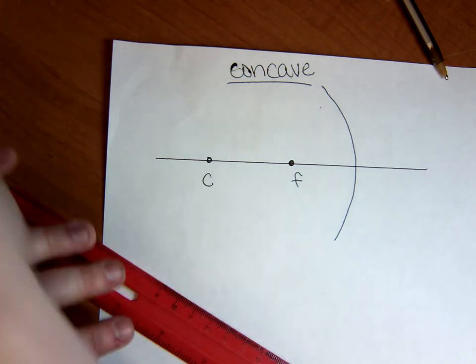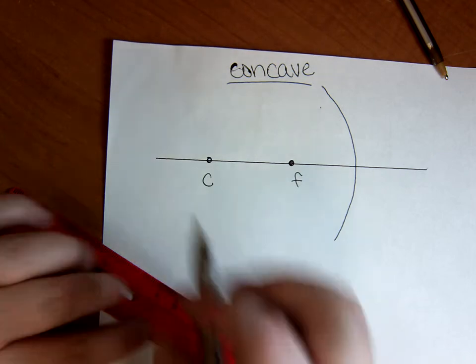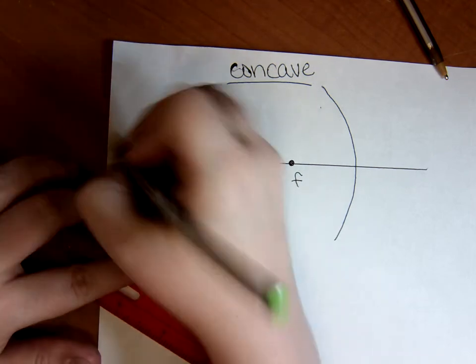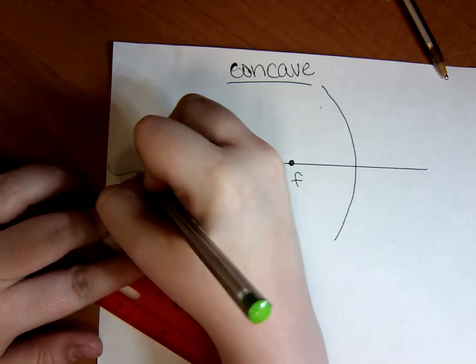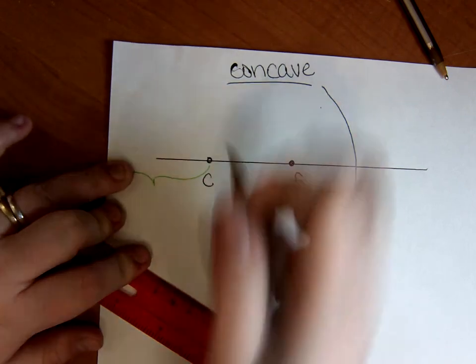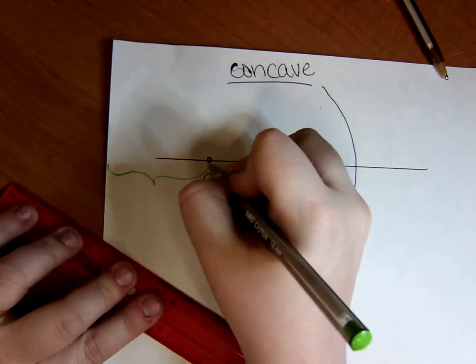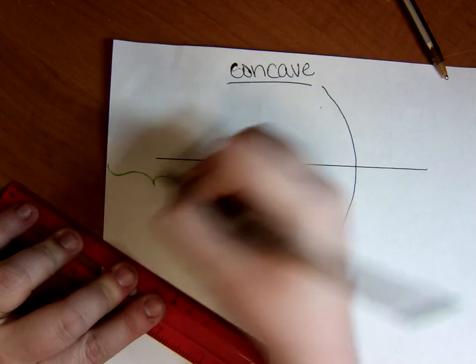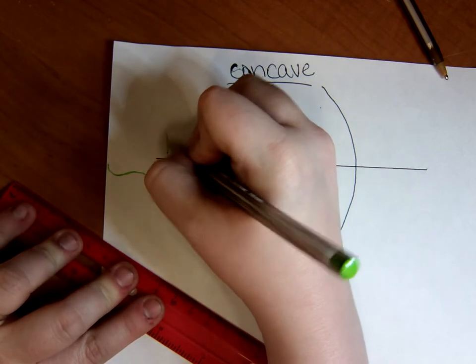So the first one that I want to look at is if your object is out beyond the center of curvature. So this is how the example that I worked was. The object was somewhere out like over here.